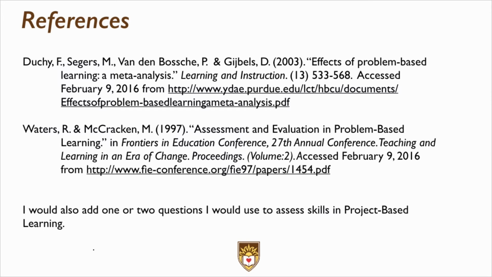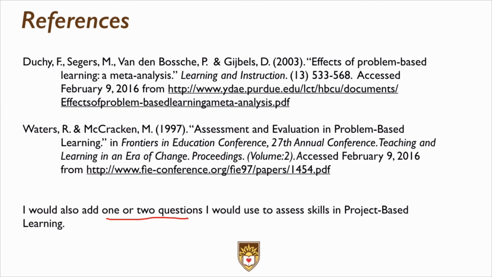You start with the authors, last names, their first initials, the publication date. The list is by alphabetical author last name. If you got it from the web, there's a way to show that. I'd also add one or two questions that I would use to assess skills. So that just shows, okay, these are the questions I would use, and so I know what I'm talking about.